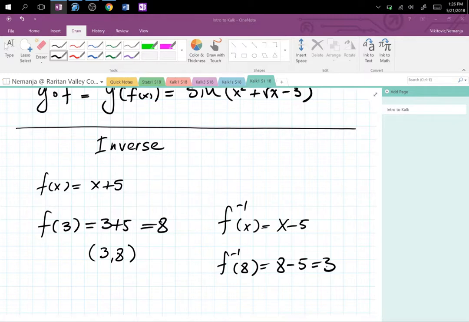Now, does every function have an inverse? Inverse function? No, it doesn't. You know, some things in life, when you mess them up, they can't be fixed. For instance, you're making a soup. The recipe is calling for 1 teaspoon of salt. You put a snow shovel of salt. There you go, soup ruined. You can't fix that unless you are willing to move the soup to the bathtub, right?